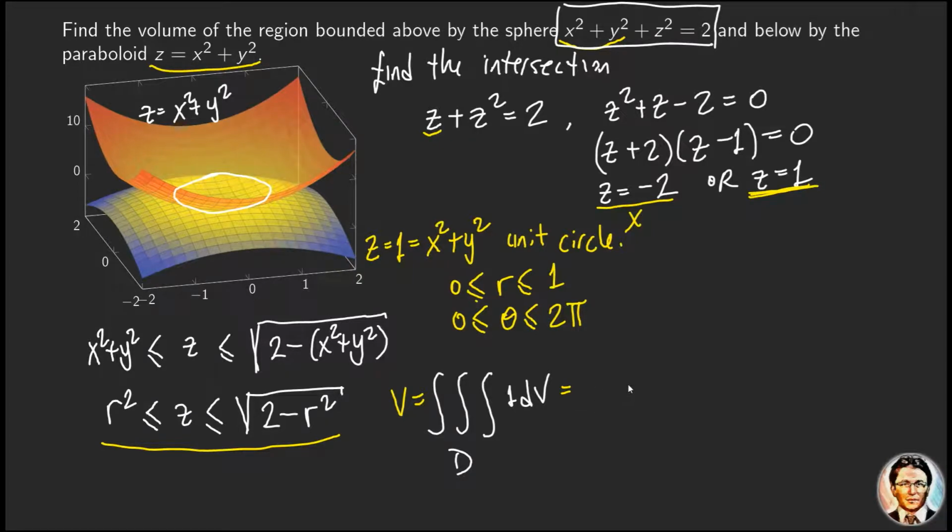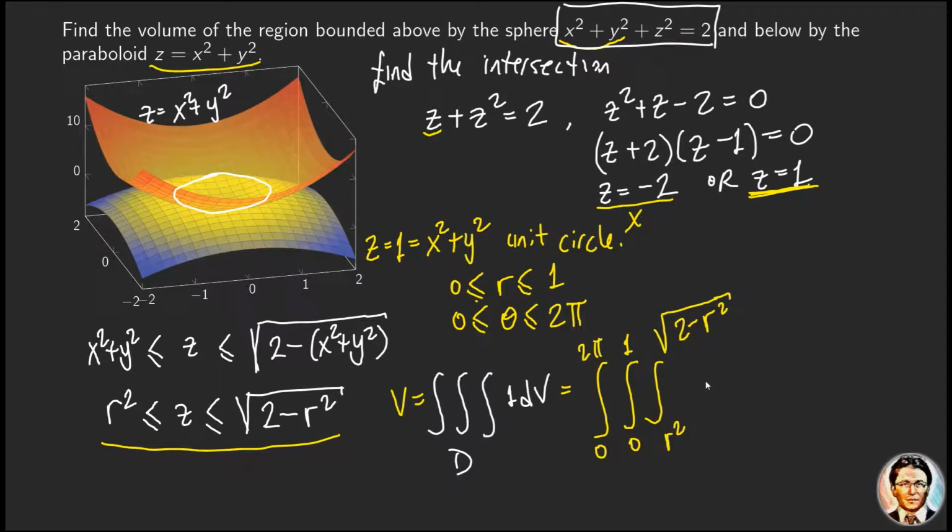For this one, z will be the innermost integral, and then r and theta. r is from 0 to 1, theta is from 0 to 2 pi, and z is from r squared to square root of 2 minus r squared.